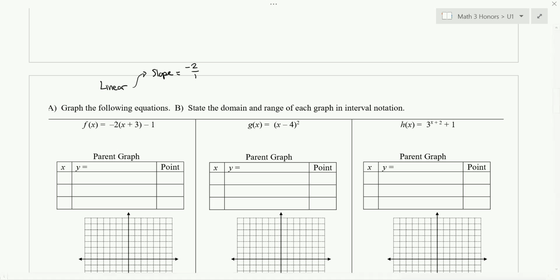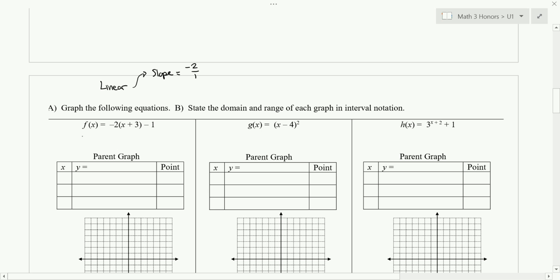But before we could even use that slope, we need a point. And so then you want to ask, how is the parent graph point translated? So we said every parent graph of a line goes through what point? 0, 0. But there's a translation happening here. And what's our translation? Left 3, down 1.